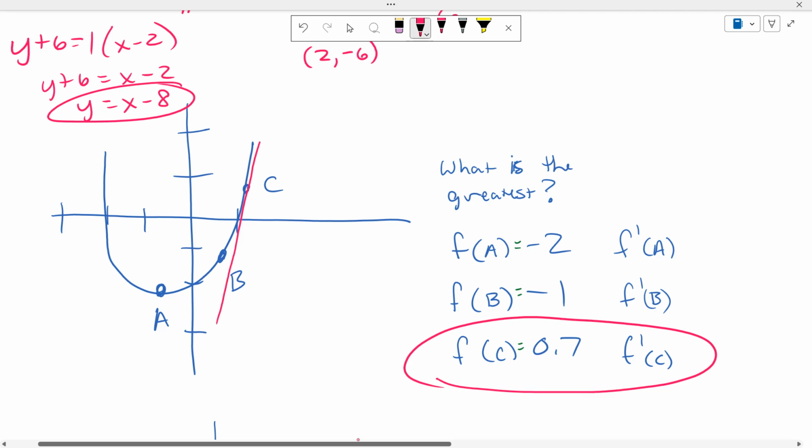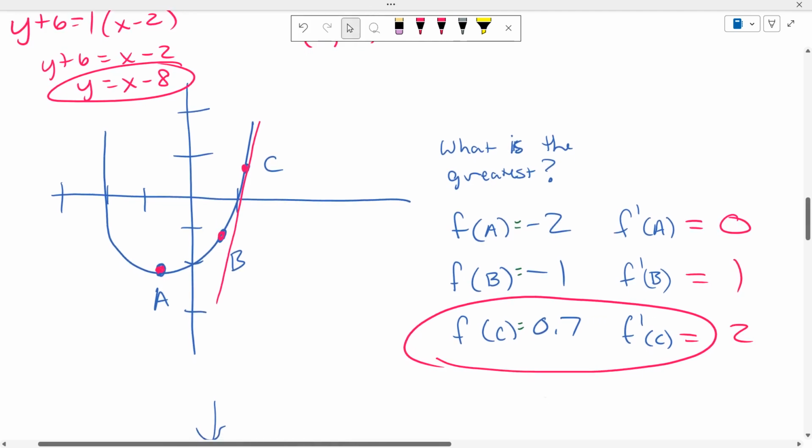No. A has a y value of negative 2. That's not the slope. B has a y value of negative 1. C has a y value of 0.7. That's their y value. The slope of A looks to be 0. The slope of B is probably 1. The slope of C is probably 2. So C would be the greatest.